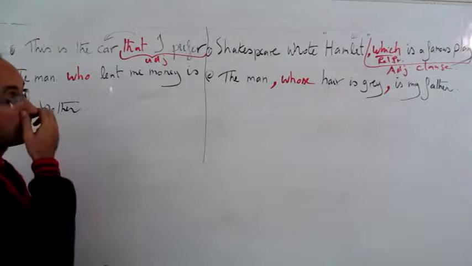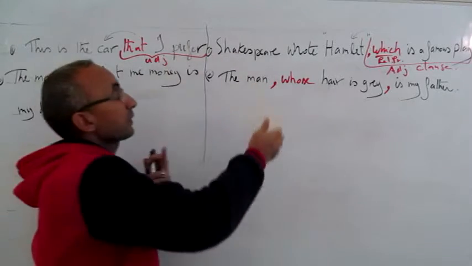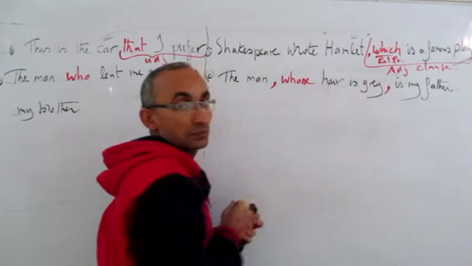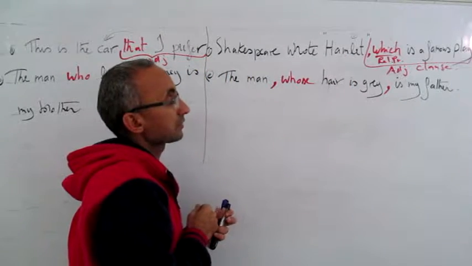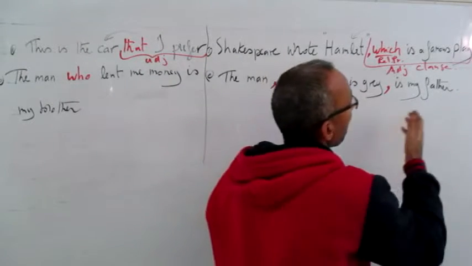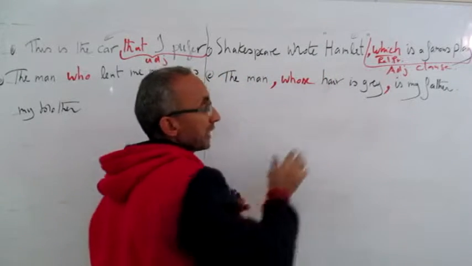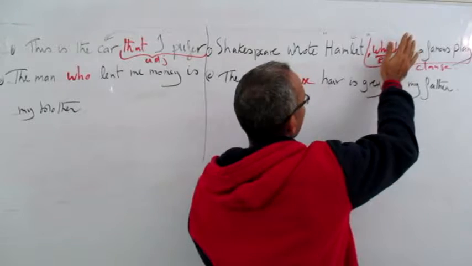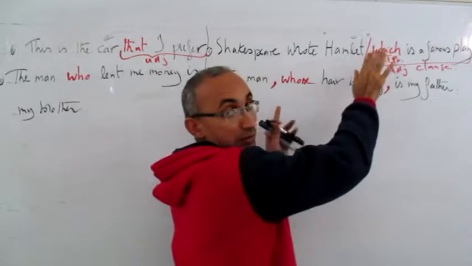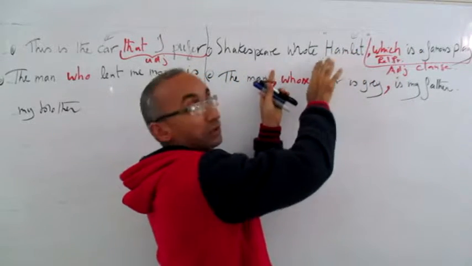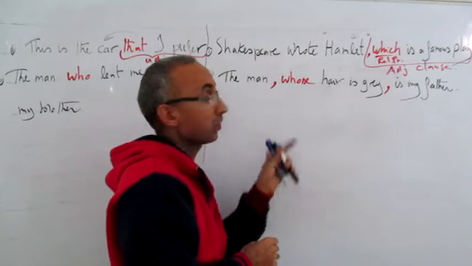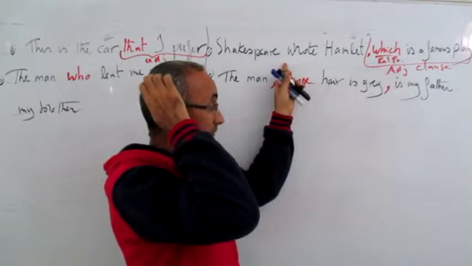However, in the second example, Shakespeare wrote Hamlet, which is a famous play. Now here, if I remove which is a famous play, what do I have? I have a complete, meaningful clause or simple sentence.